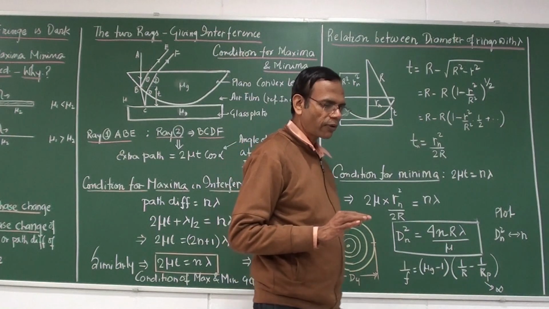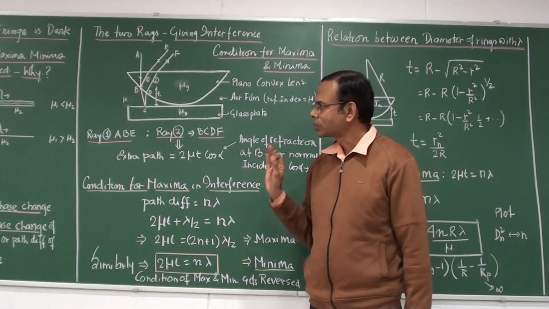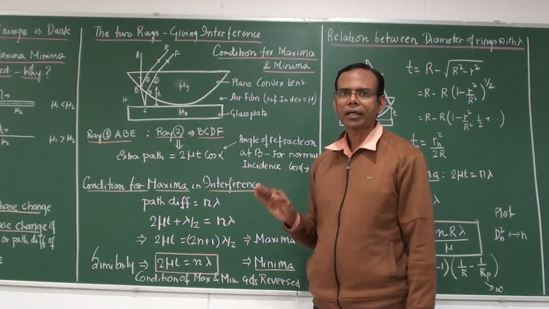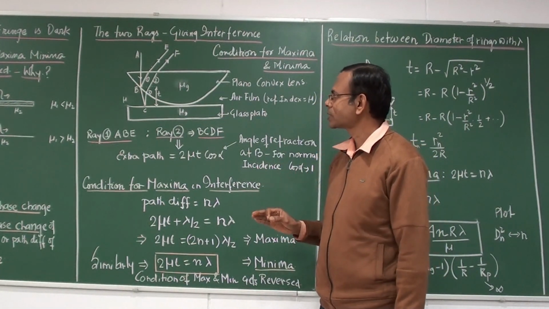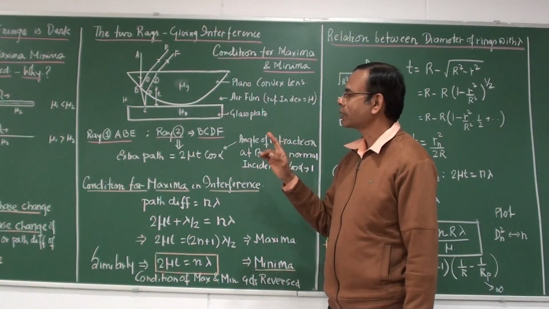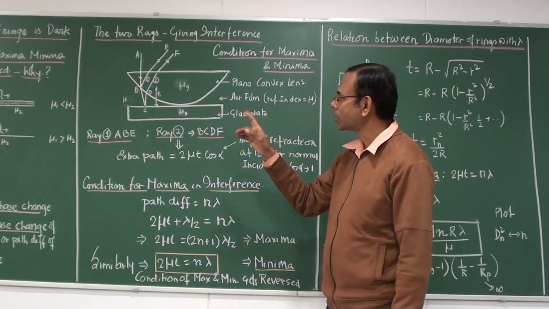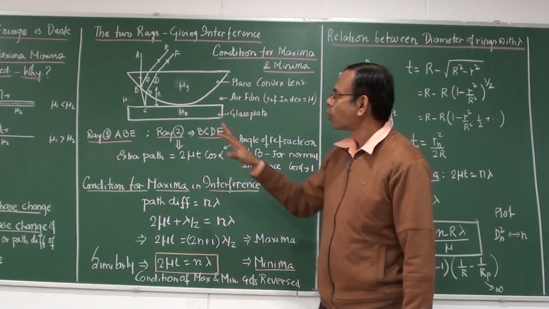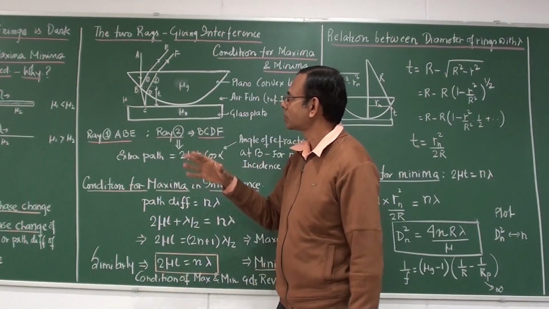So the most important fact that we need to remember is that in Newton rings, the central fringe is dark, and the condition of maxima and minima gets reversed. Why does it get reversed? Because one of the rays undergoes a phase change of pi because it is traveling from air to a denser medium, glass. Now, one can change the whole situation.